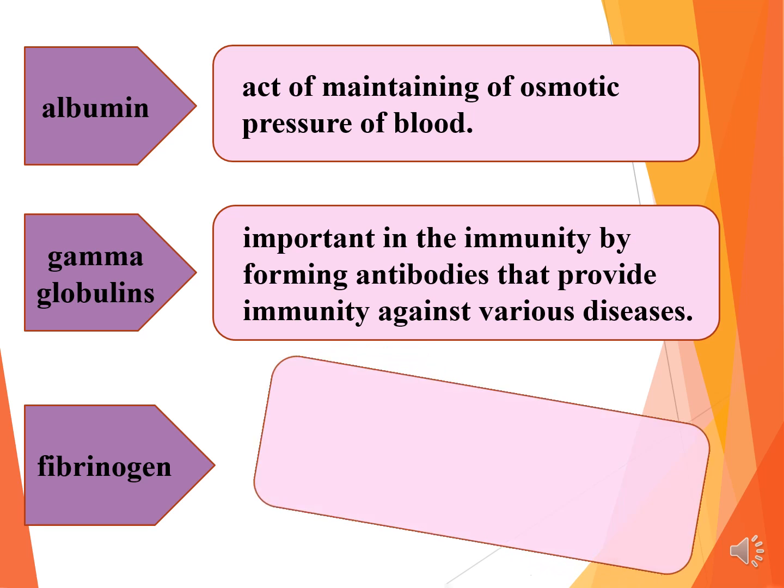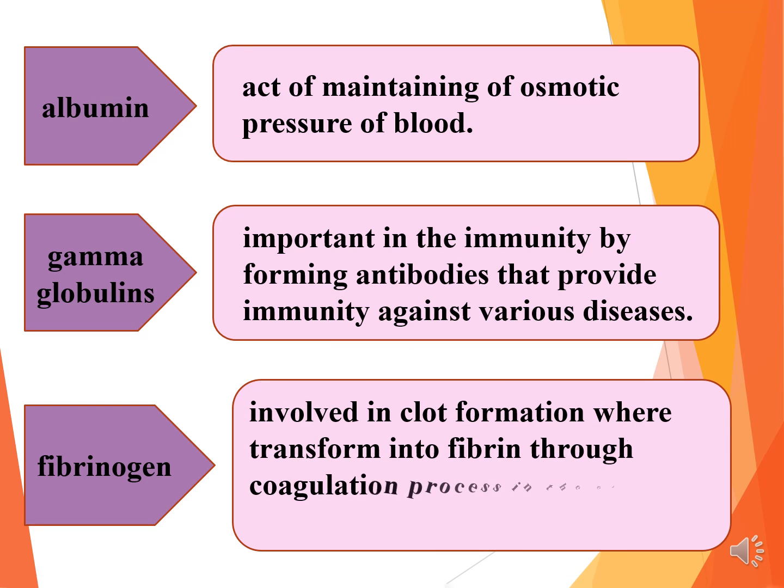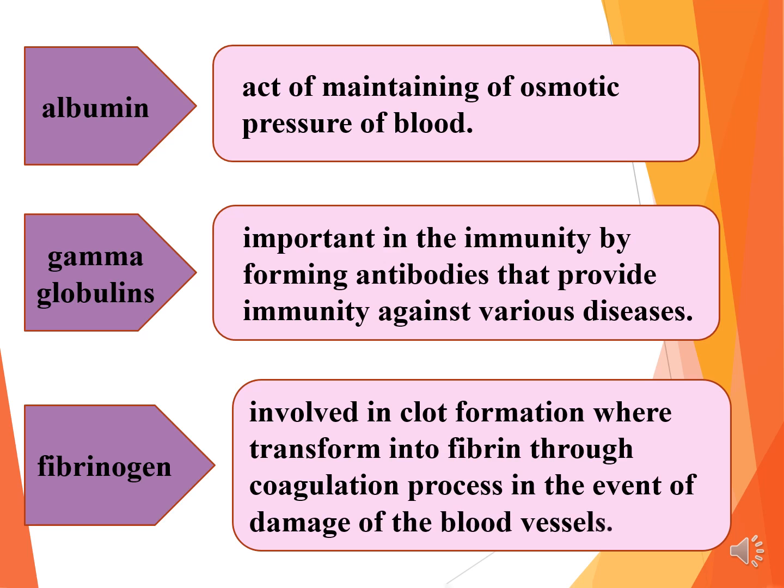Also, fibrinogen is involved in clot formation, where it is transformed into fibrin through the coagulation process in the event of damage of blood vessels. إذا الفبرينوجين مهمته إنه يكون الخثرة من لما يحصل أي دمج في البلاد فيزلز ويتم من خلال إنه الفبرينوجين يتحول إلى فايبرين خلال عملية تخثر الدم.